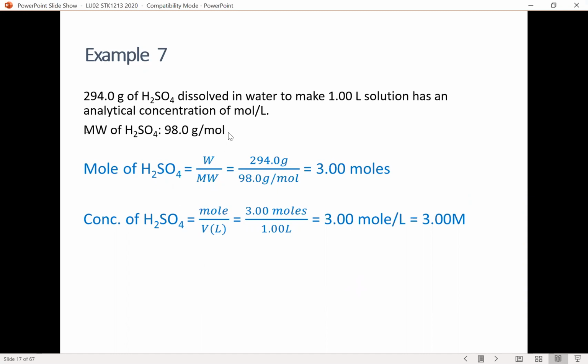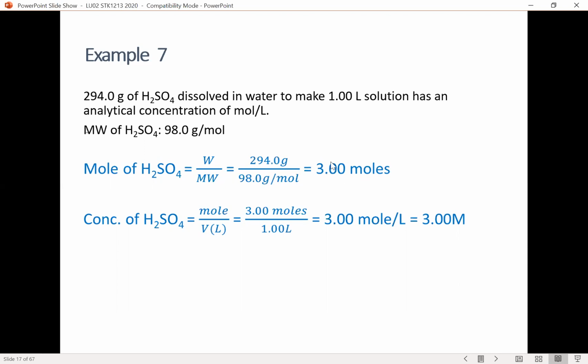From the information given, you can find the mole, which is mass per formula mass. The mass is 294 gram and the formula mass is 98 gram per mole. From there, you can cancel gram and you are left with 3 moles.